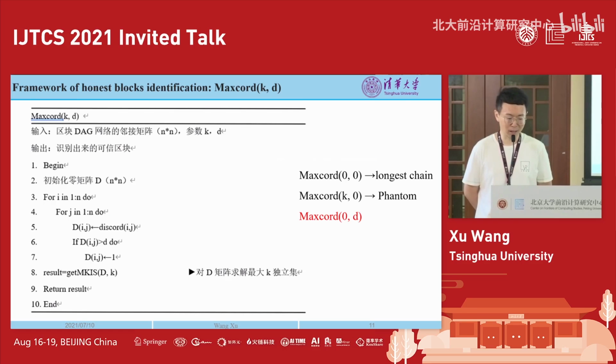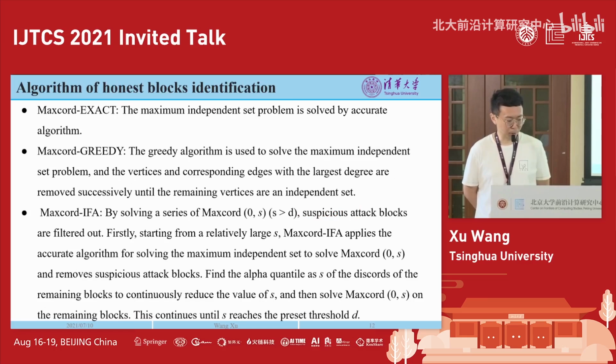Here we mainly focus on the other limiting side in which K takes 0. Next, we propose 3 algorithms for the max clique 0D. Here, the maximum K independent set would be transformed to the maximum independent set.